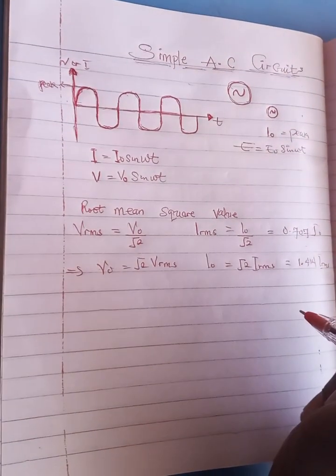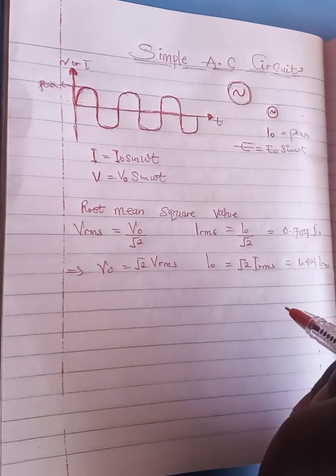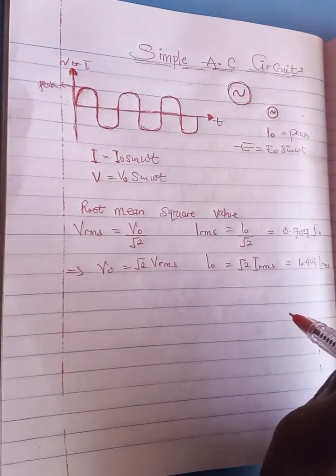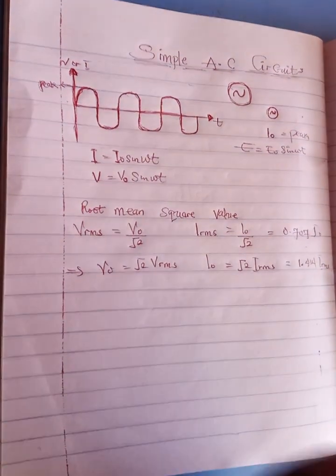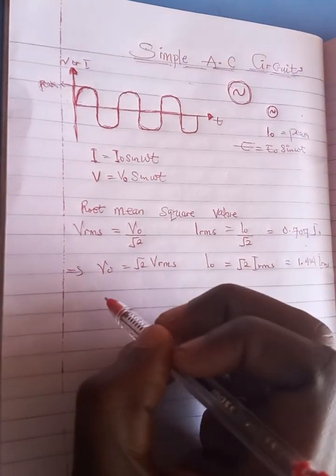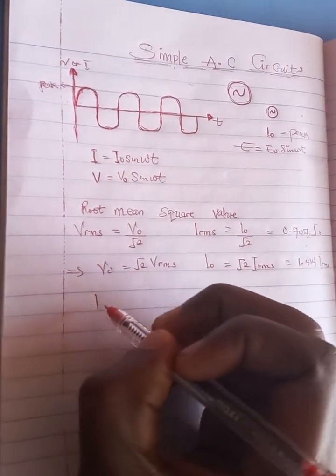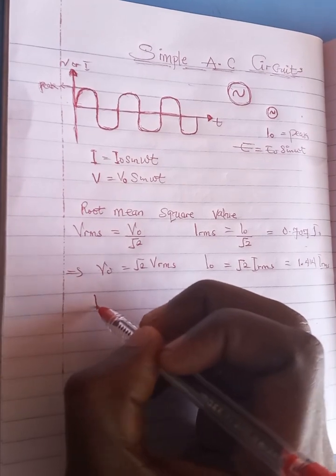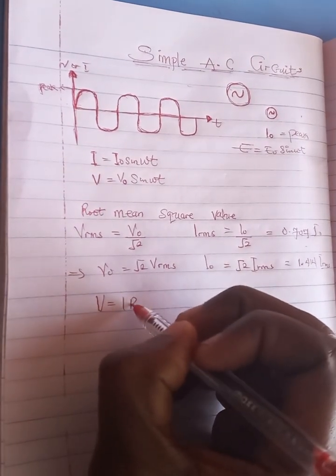So having known this, let's quickly talk about another thing about AC circuits. From Ohm's law we know that V is equal to IR.